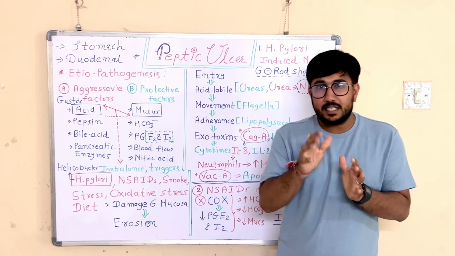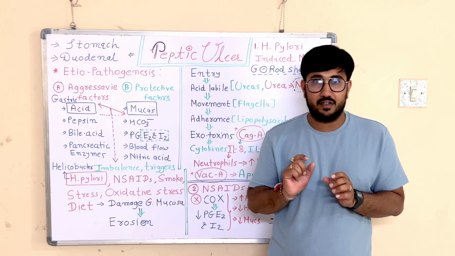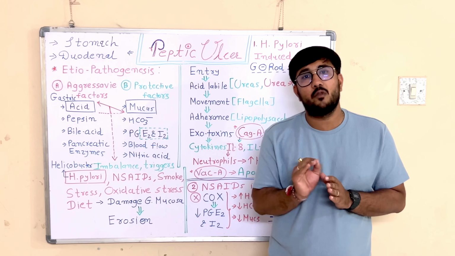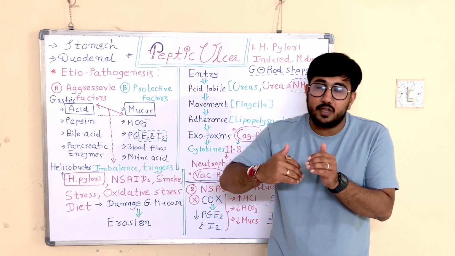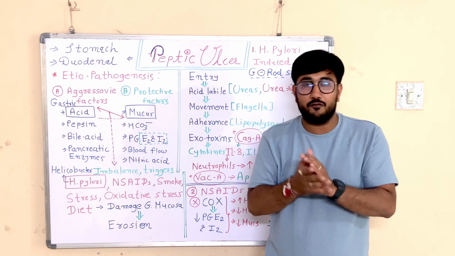Now, this particular gastric acid is being released from the wall of the stomach, that is gastric mucosa, and specific cells available over there are parietal cells. So these parietal cells are responsible for the release of the gastric acid in the lumen of the stomach.